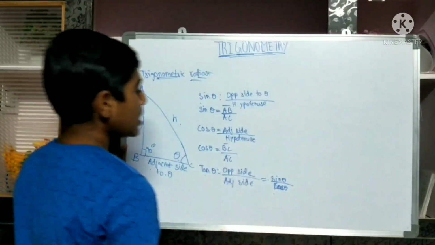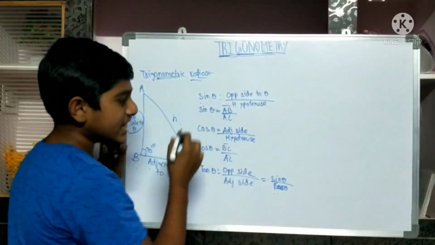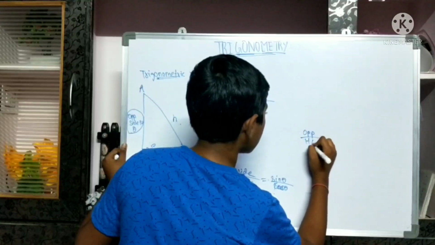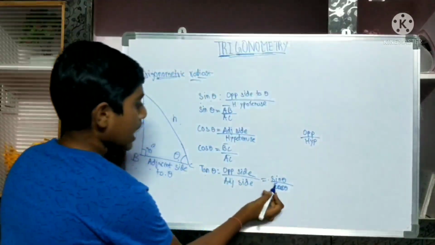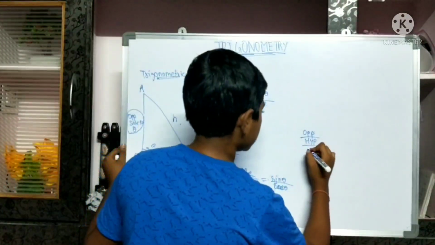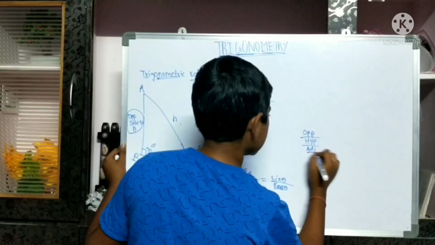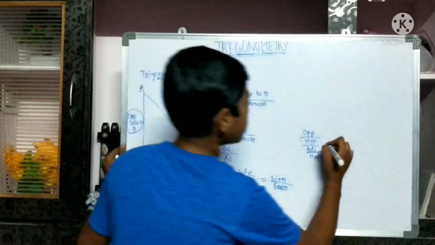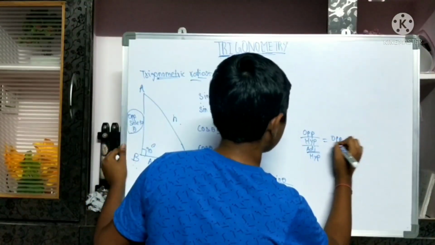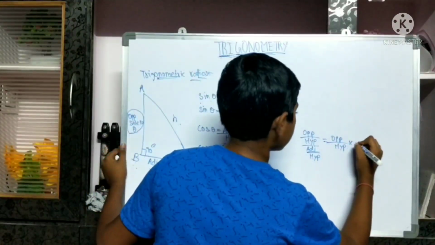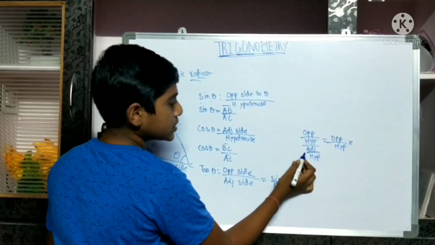Because here we know the sin theta value, that is opposite by hypotenuse. And what is cos theta? Cos theta means adjacent by hypotenuse. Right? So this will be equal to opposite by hypotenuse into, here it is division.